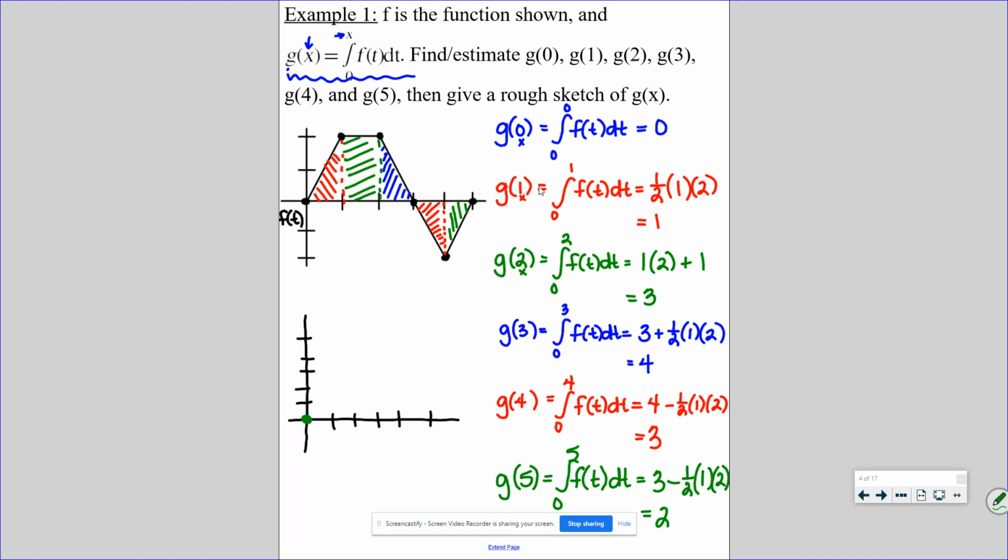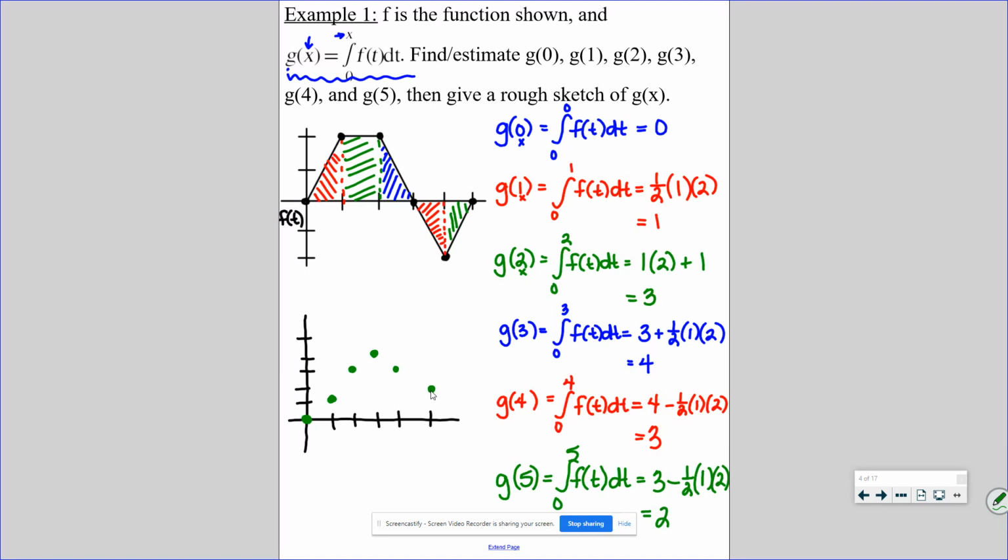We know that when X is 1, the Y value is 1. So there's a point at 0, 0, and there's a point at 1, 1. There's also a point at 2, 3. There's a point at 3, 4. There's a point at 4, 3. And there's a point at 5, 2.